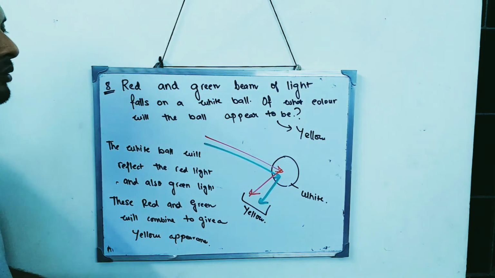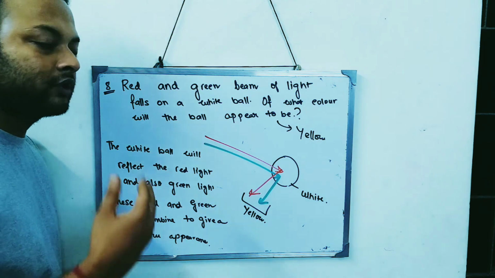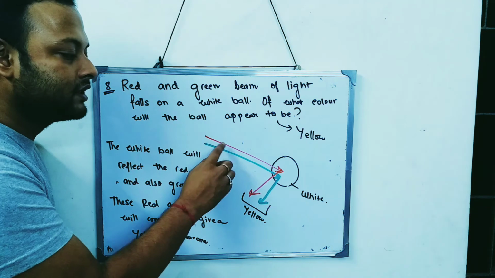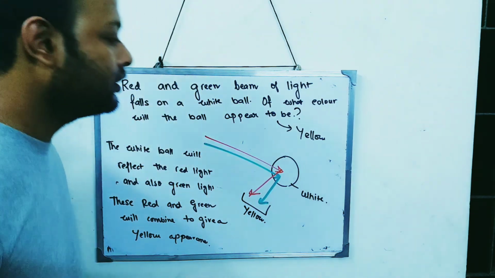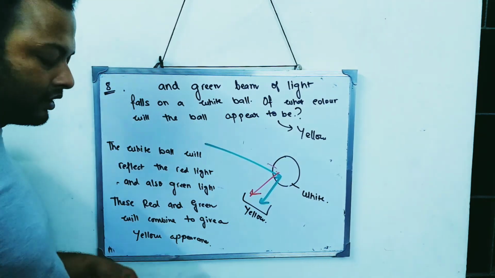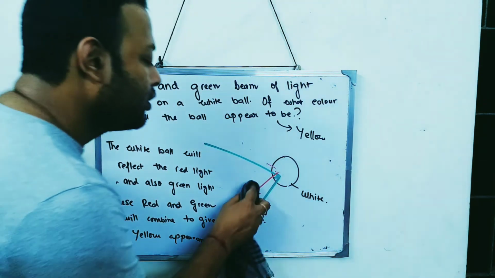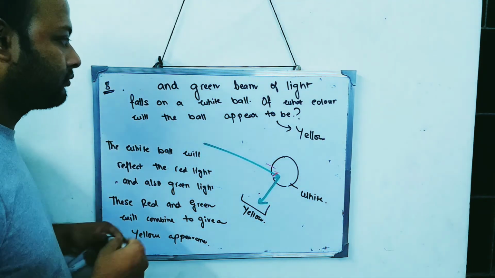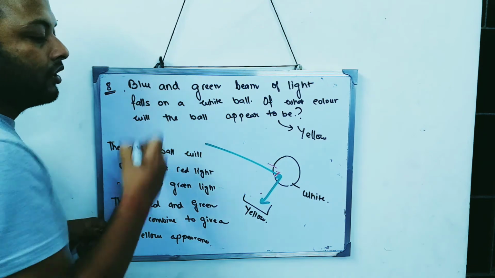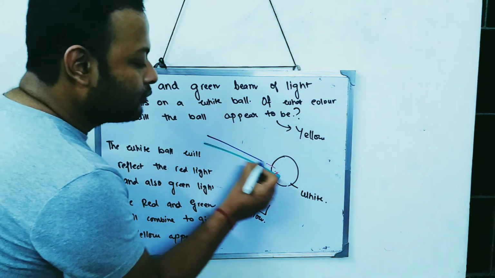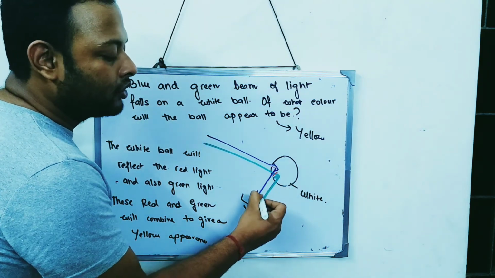Okay, similarly I think you can understand if the question changes to what will happen if a blue and a green color light is incident. Suppose I give a question where I change this red color to a blue color. Then the blue color light will come, and the blue color light will also be reflected.